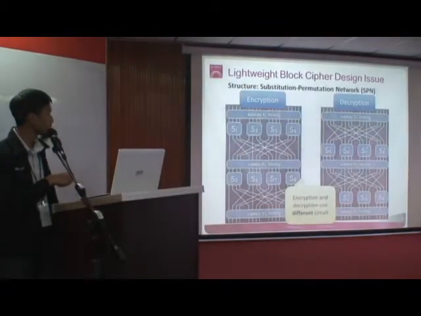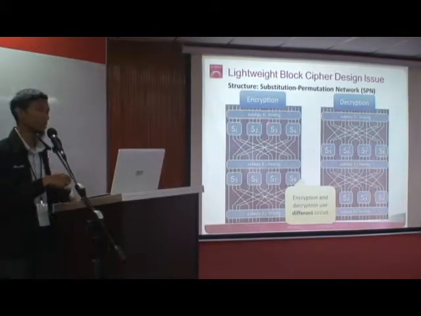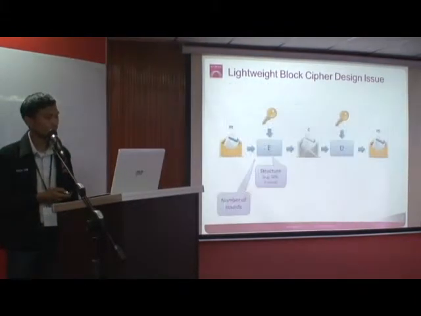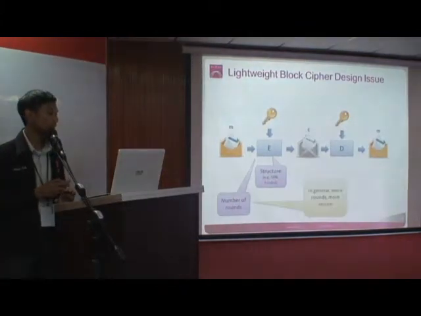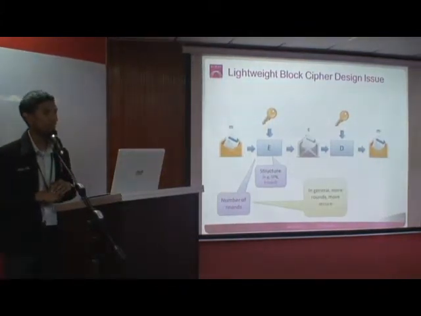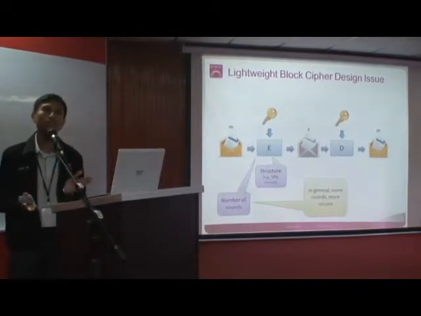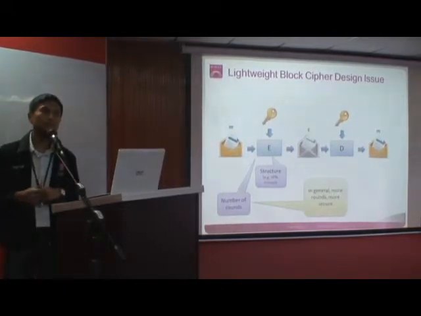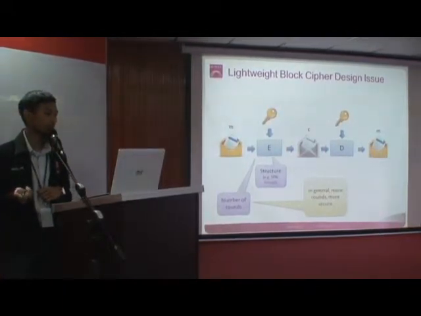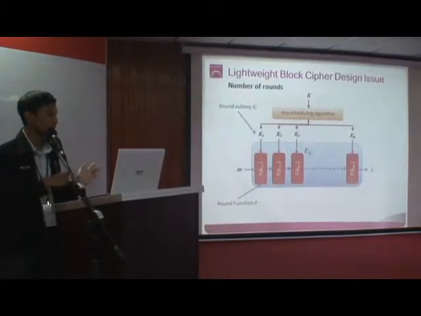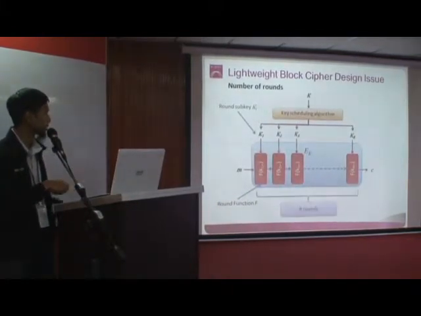So here this is 2 rounds, right? You repeat this 2 times. So how many rounds is sufficient? The rule of thumb, in general, is more rounds means more security. So I show you back this figure. This is how many rounds you need to iterate.